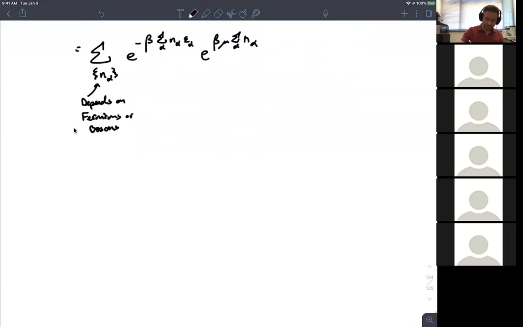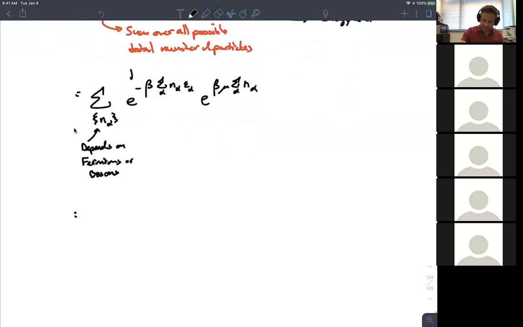Okay, now another way to write this is, so here I have 2 exponents that both have sums over alpha in their exponents. And so I can combine these 2 together and write this like so.